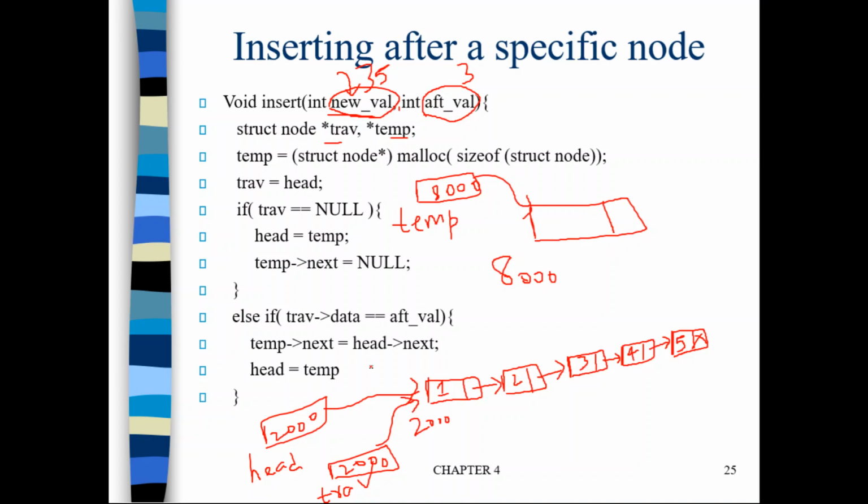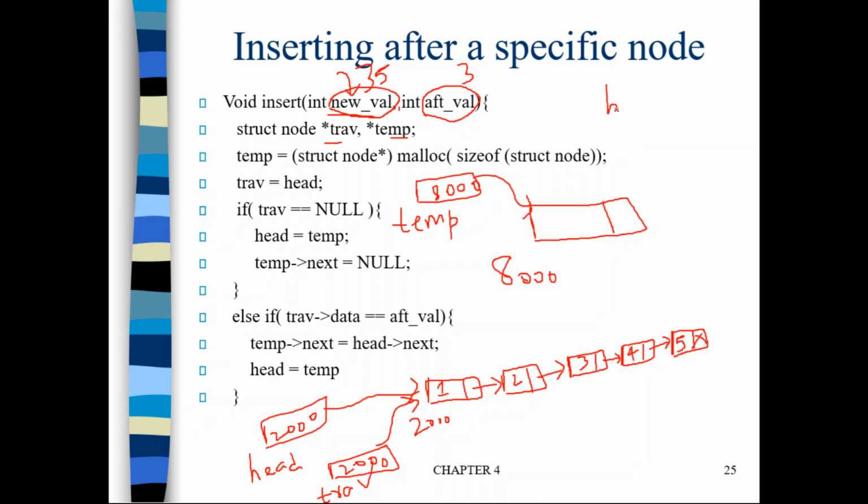Then, if traverse is equal to null, this is the case if the linked list is empty. If it is totally empty, assume there is no node in the list, then you have to follow this. When will traverse be null? When head is null. In that case, head is equal to temp.